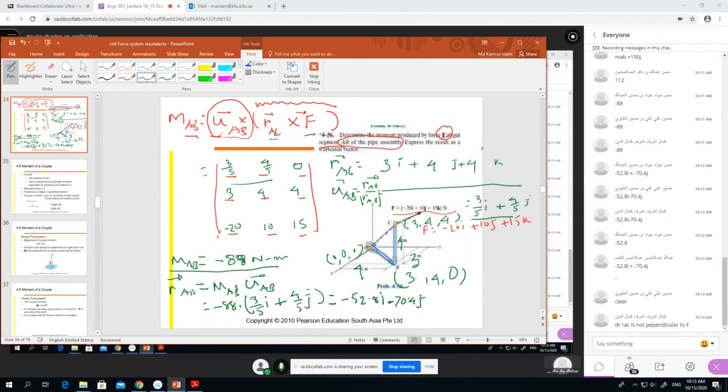Now you will get the same result if you use RBC. If you do the same with RBC, you should get the same result. So can you calculate what RBC is here?